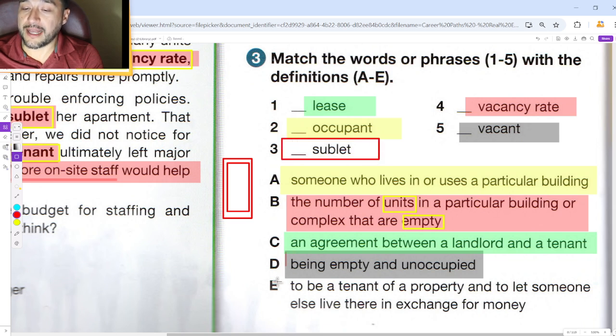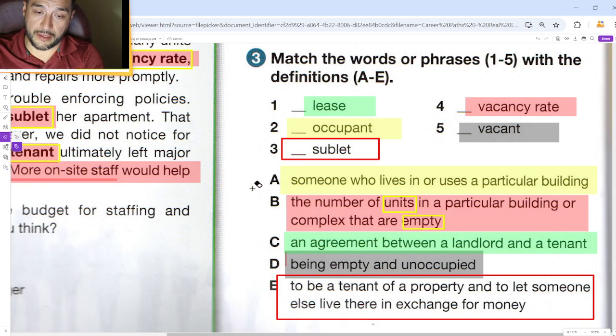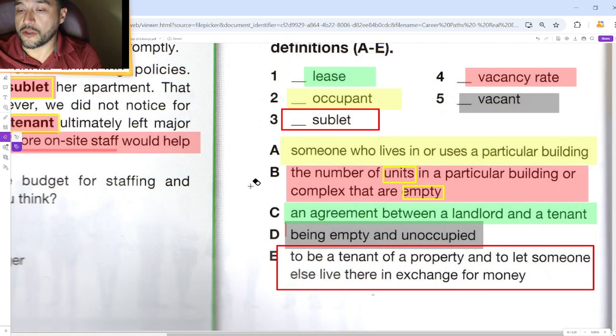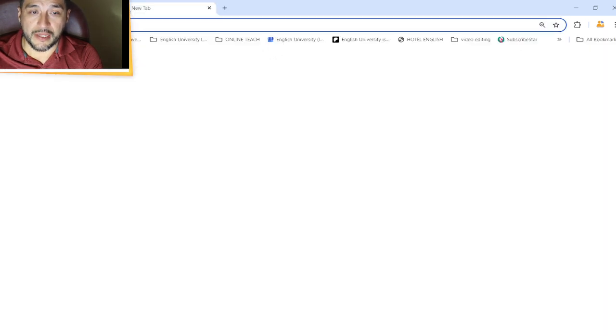That's called sublet. It's a violation in the example from today's class. You are not the owner, you are only renting, and then you rent the property to somebody else to make extra money. So it's not fair. It's probably illegal.